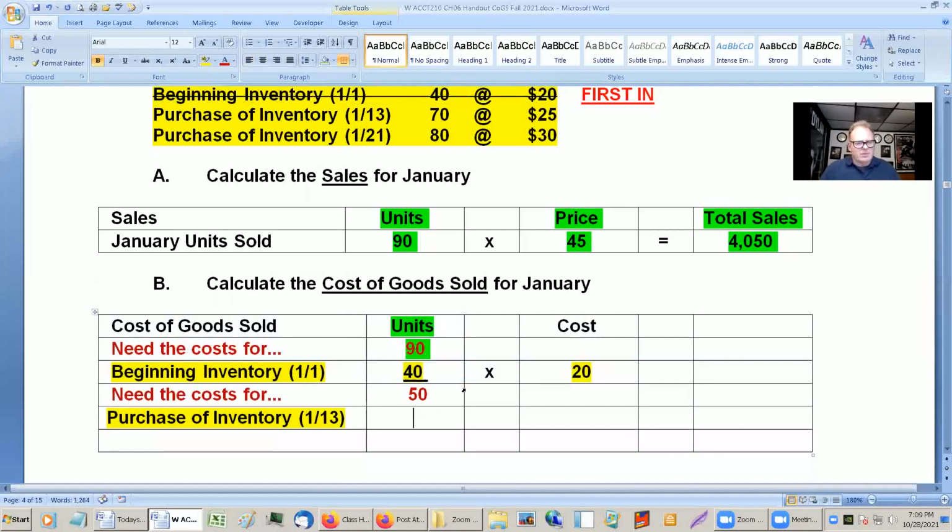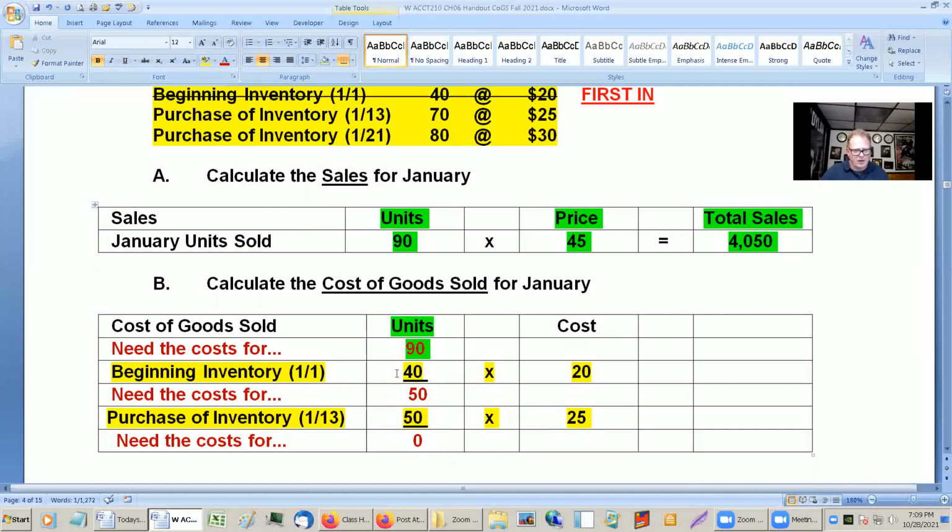All right, so we can take 50 from that layer, and those are at 25. And this is gonna look silly, but I'm gonna put it in anyways. We don't need the cost for anymore, right? We're done now. We have all of our costs that we need.